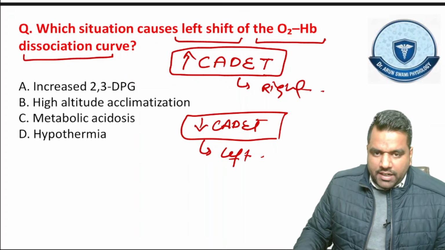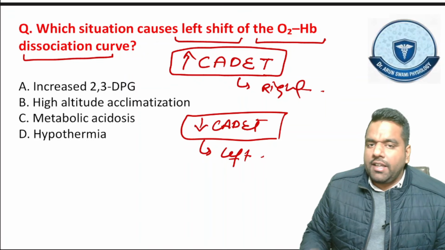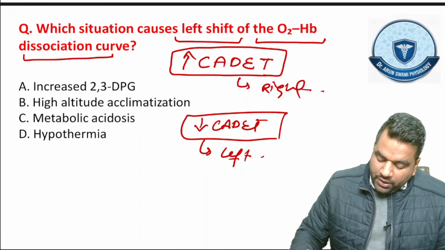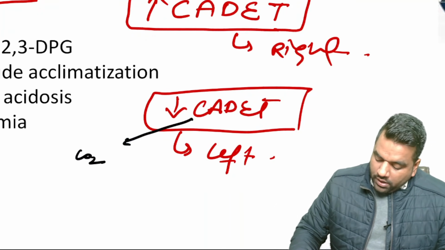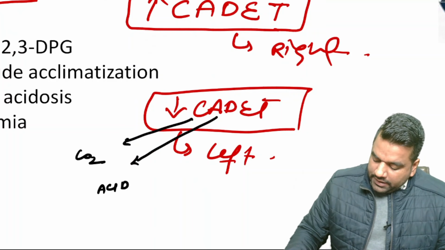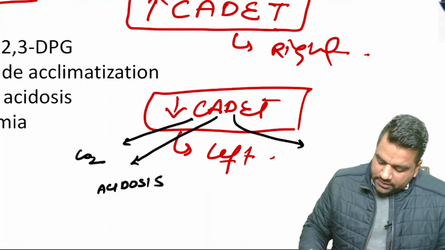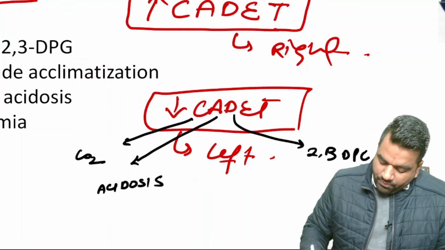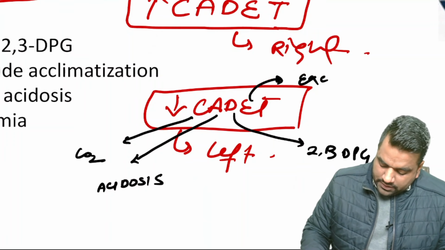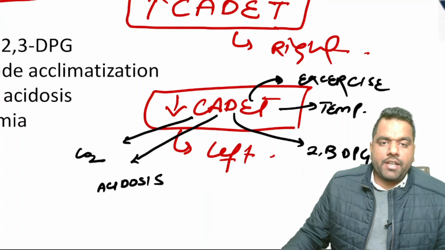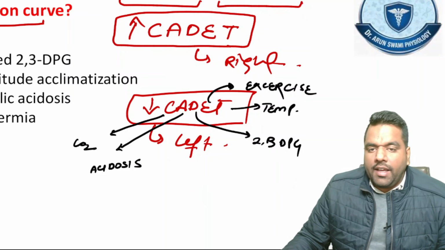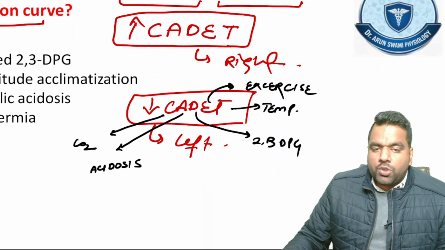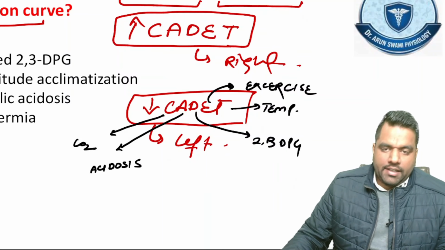Now guys, you have to understand what is the C, what is the A, what is the D, what is the E, what is the T. C is CO2, A is acidosis, D is 2,3-DPG, E is exercise, and T is temperature.